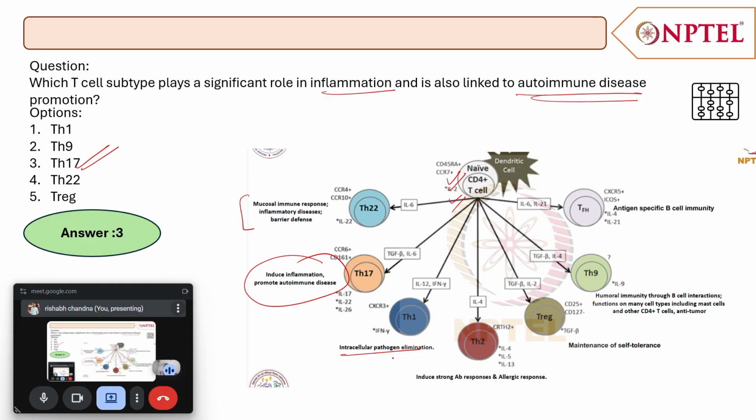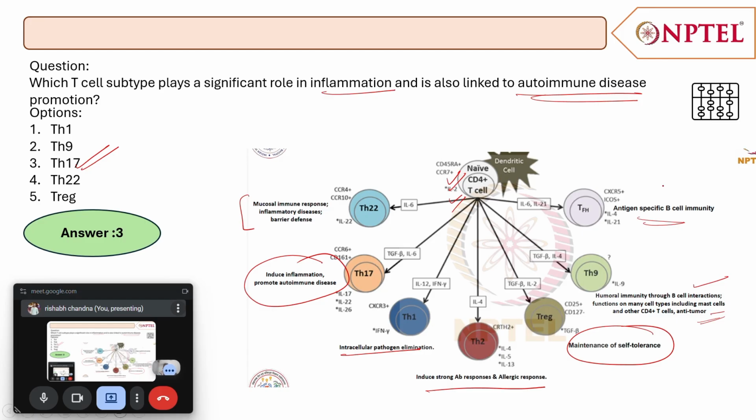Th1, intracellular pathogen elimination. Th2 induces strong antibody responses and allergic responses. Treg, maintenance of cell tolerance. Th9, humoral immunity through B cell interaction and functions through mast cells and other CD4 positive T cells. And TFH helps in antigen specific B cell immunity.